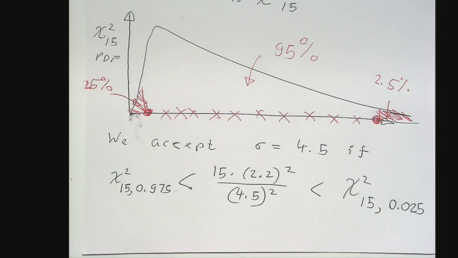If it does lie between those two points, you accept the hypothesis. If it doesn't lie between these points, then you reject the hypothesis.